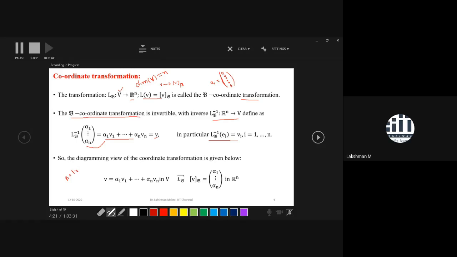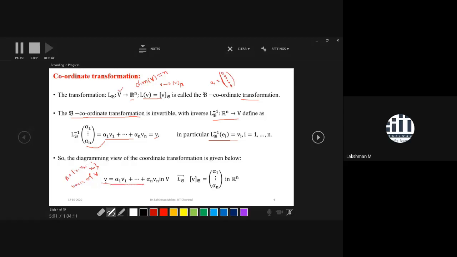Whenever I call them elements, consider them as elements of a vector space or linear space. So take any general element from V and represent it as a linear combination of the basis elements of V.